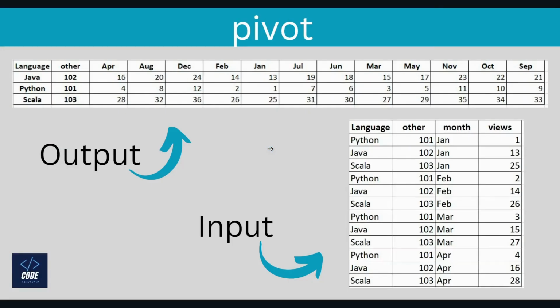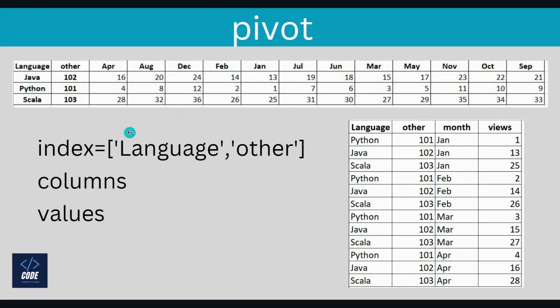Pivot is just the opposite of melt. So if you have the input data in this format where we have language, other, month and views, all these 4 columns, and for the month column we want to create a separate column for each month, we have these 3 different parameters.